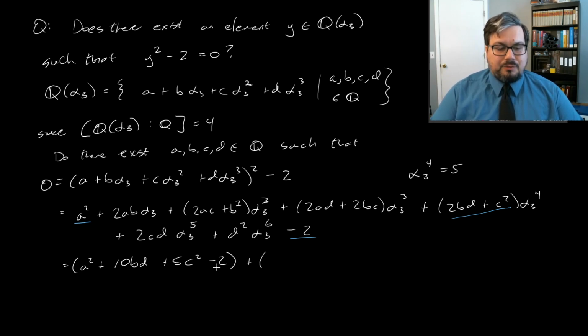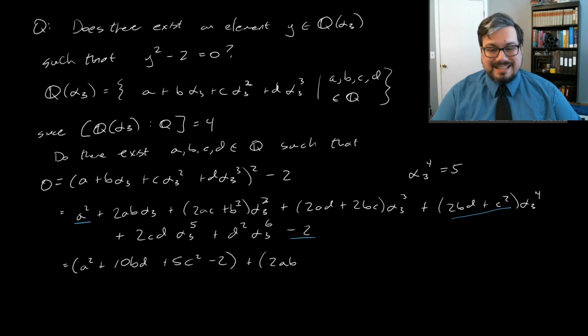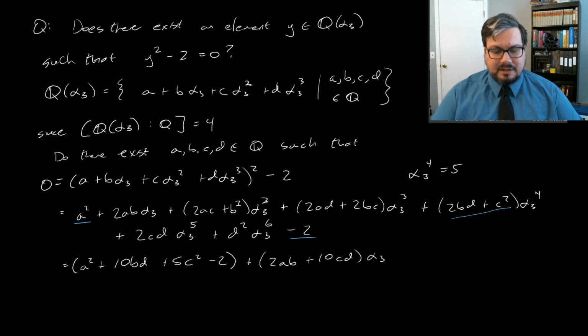Plus, for the coefficient of alpha 3, we'd have 2ab from the second term, and then from 2cd alpha 3 to the fifth, which is equal to 5 times alpha 3, we get plus 10cd times alpha 3.